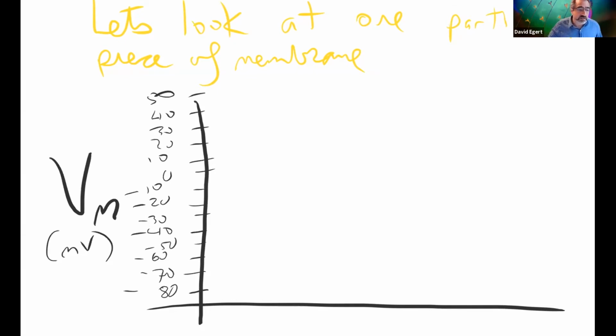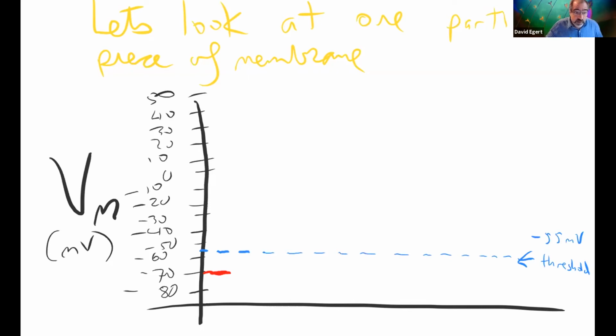So here is my membrane potential. And if you remember, a cell that's at rest is going to be around minus 70. I'm also going to put the threshold here just so you can see it more clearly: minus 55. We have to pay attention to that because that's when those channels are going to wake up.